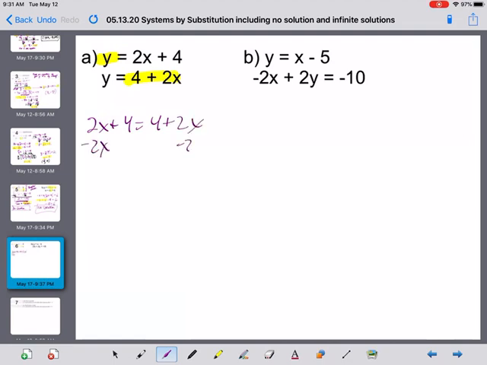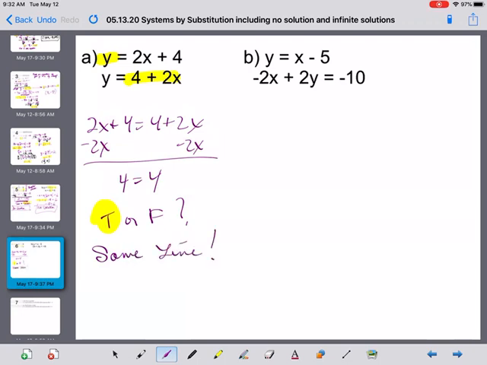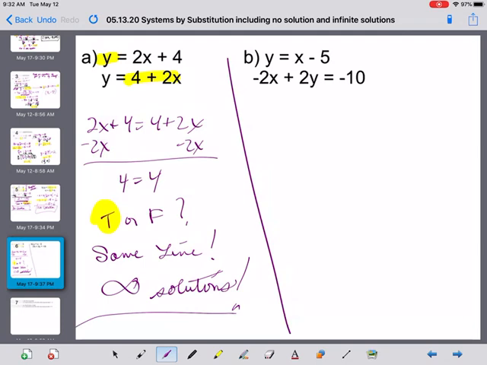Get rid of the 2x's, minus 2x. Oh, they cancel. 4 equals 4. True or false? True. So they're the same darn line. Infinite solutions. Yay. They're the same line if you graph them. So the whole thing is one big intersection. You just say infinite solutions.